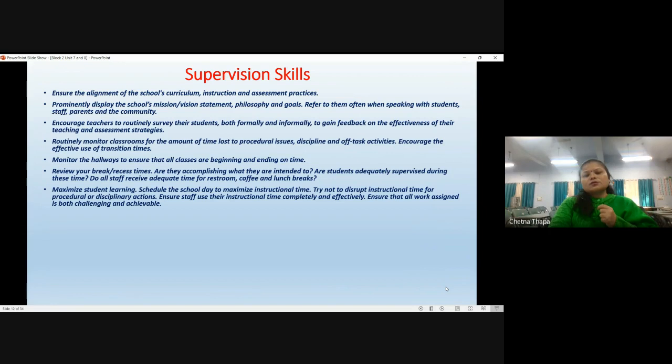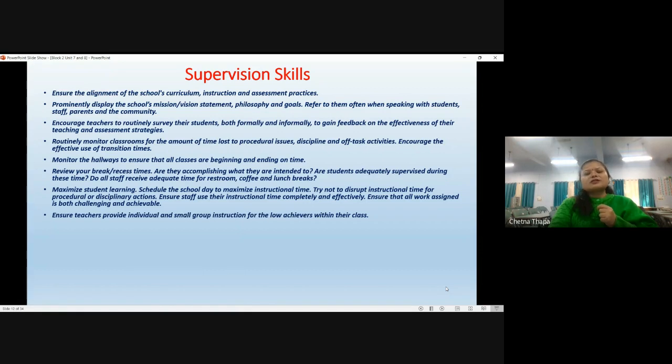You should schedule the school day to maximize the instructional time. You should not be wasting your time on procedure or disciplinary actions, so that every work assigned is achievable, which is actually challenging, but it should be achieved.